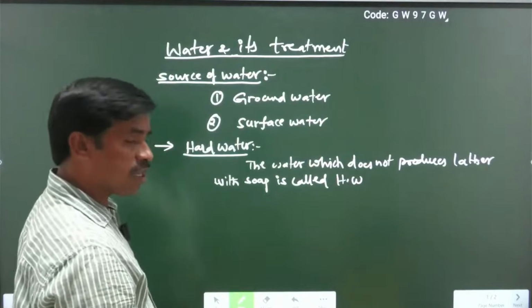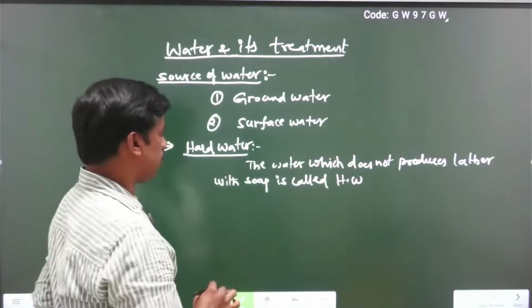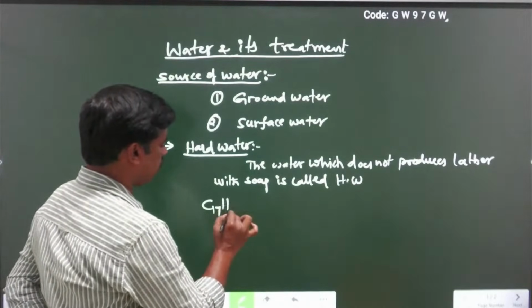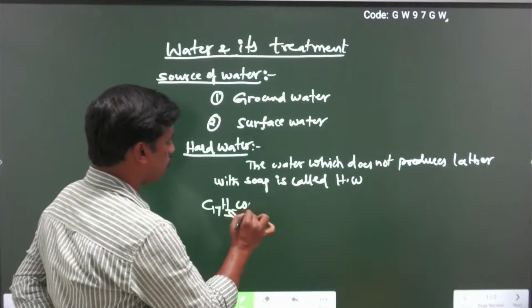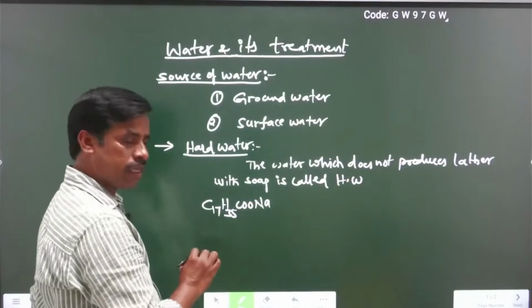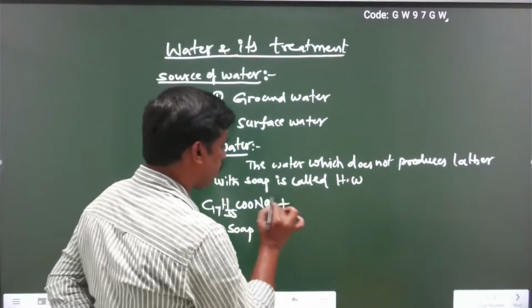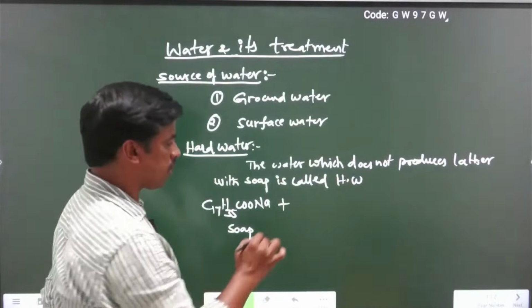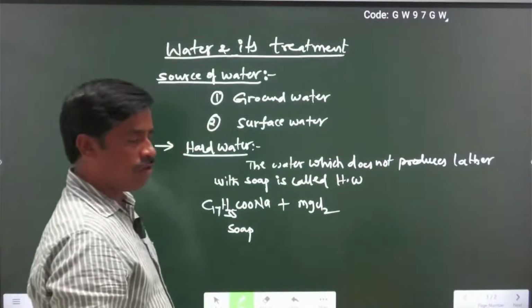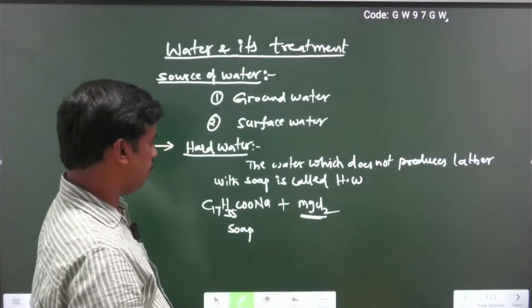Hard water means water which contains dissolved salts. For example, the chemical formula of soap is C17H35COONa, the sodium salt of stearic acid. Whenever it combines with any one of the dissolved salts, for example magnesium chloride, hardness occurs in the water.